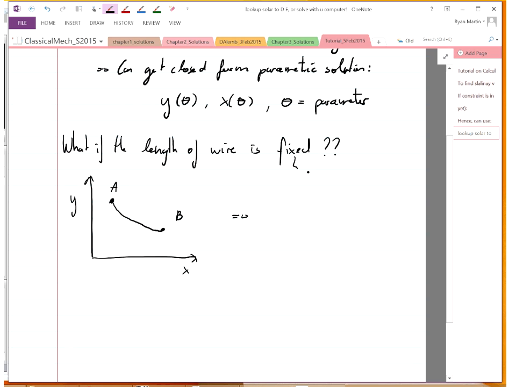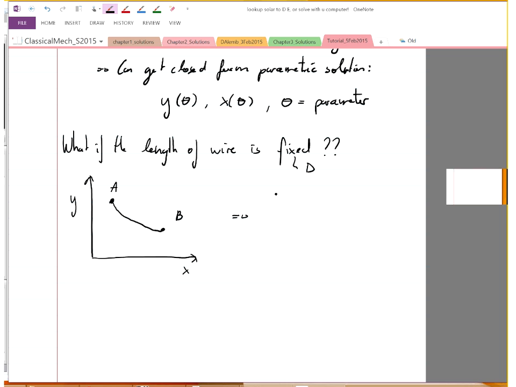So let's say the length of the wire, I guess I shouldn't call it L, let's call it D. So what that means is that the length of the wire, if it's fixed, that means the integral from A to B of ds is equal to D.